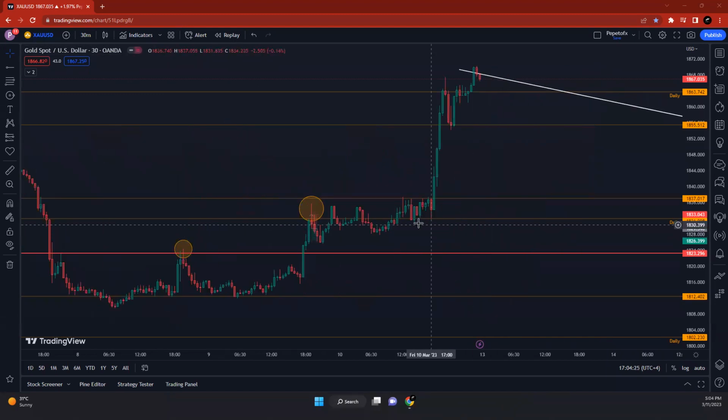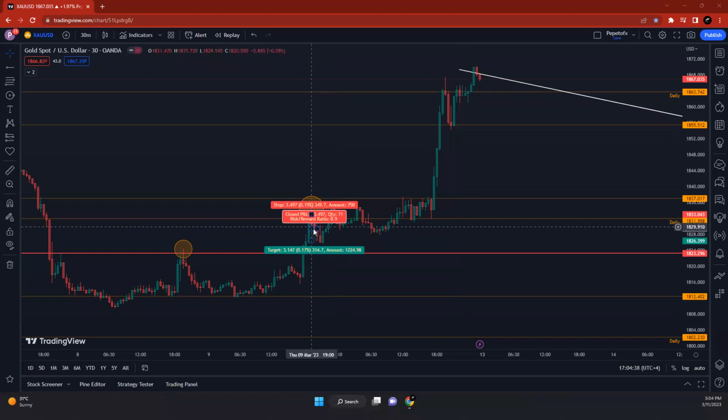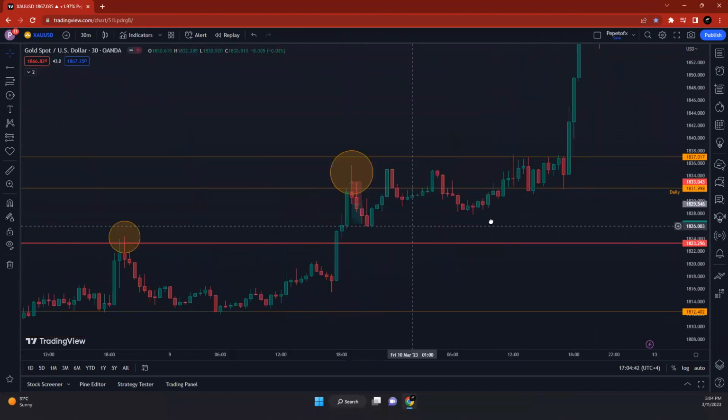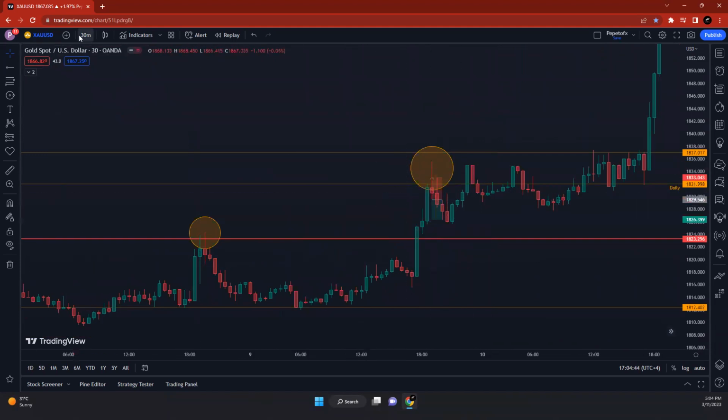Like let's say here the entry was on 5 minutes, means I open only a 5 minute chart. I want the patterns to give me confirmation to go up. That's it. Here, 30 minutes, I will look at only 30 minute chart because if you look at 5 minutes, you will have a lot of confusion.